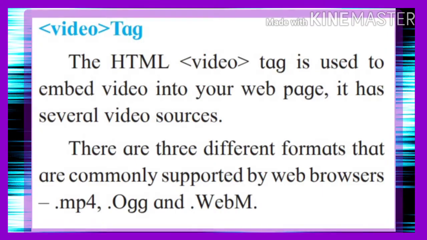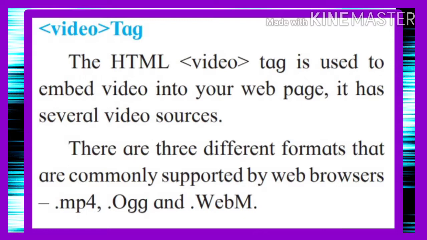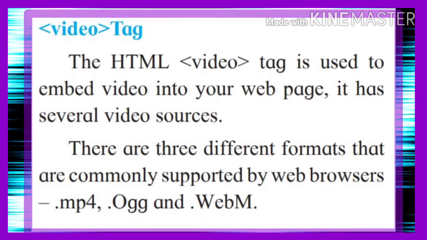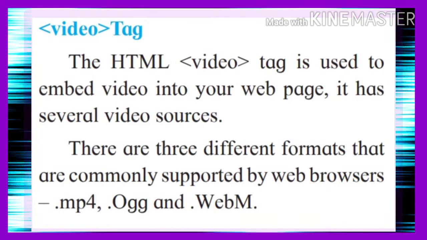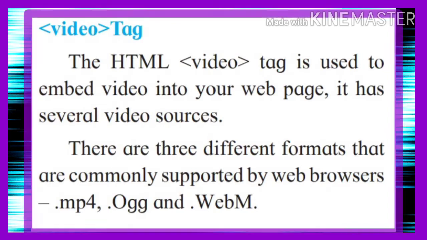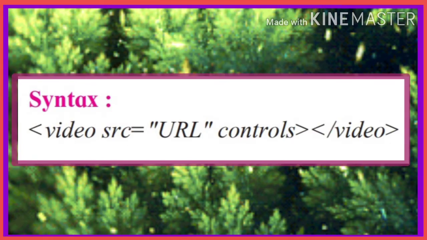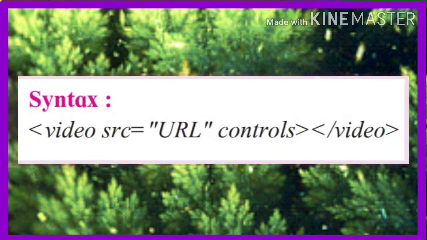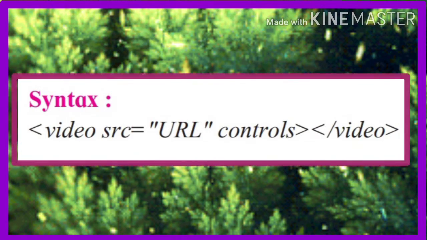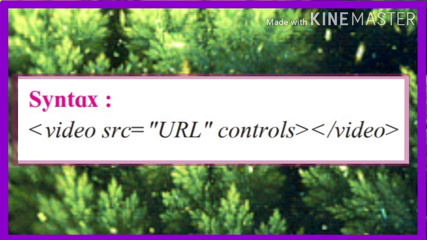You can use other video file formats on your web pages, but nowadays these are the commonly used video file formats supported by most of the browsers. This is the syntax of video tag, where src is an attribute that specifies the URL or source of video file, and the second attribute is controls to add the play, pause and volume button.